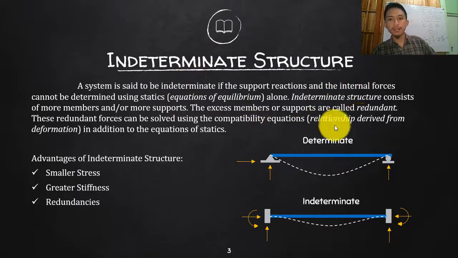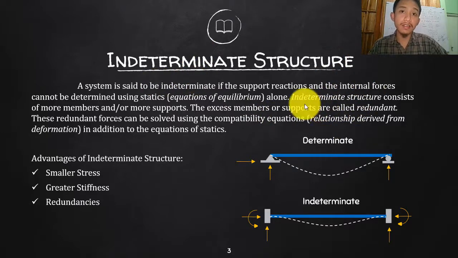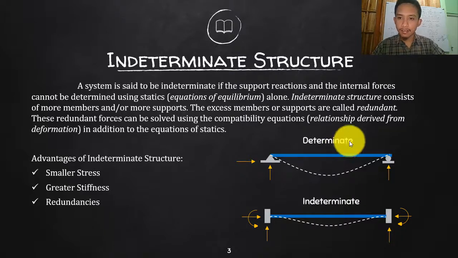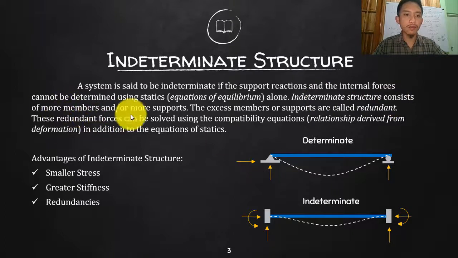Why can't we just solve that using equations of equilibrium? Because indeterminate structures consist of more supports and or more members, or it could be both. The emphasis there is on 'and or'. The members could be more than what is required, or the supports could be more than what is required.